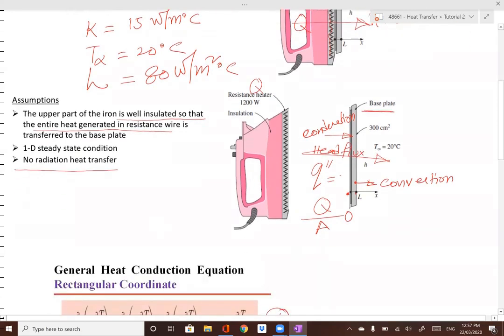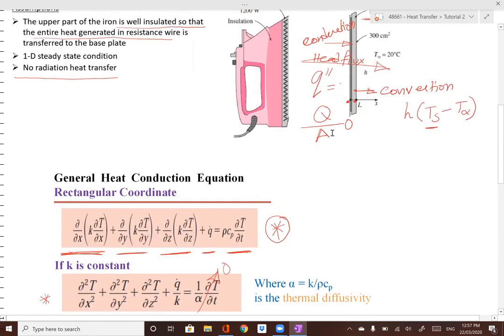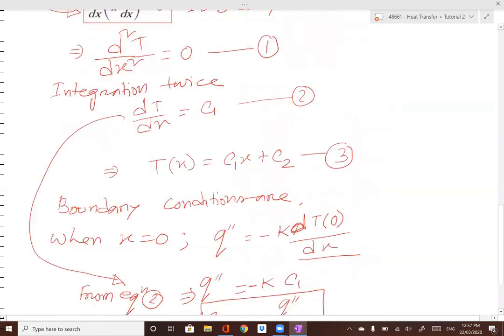So for convection, the heat flux formula is the convection coefficient times the surface temperature minus the surrounding temperature. The surface temperature at x equal to L we can find from equation 3.